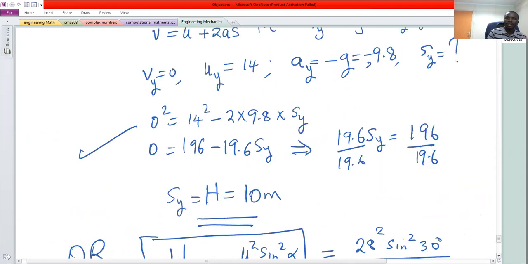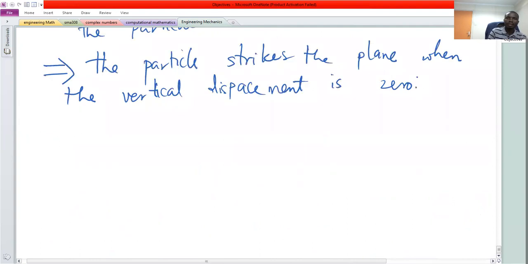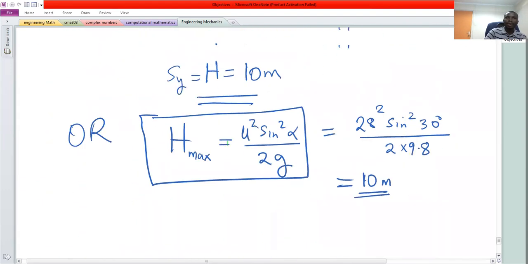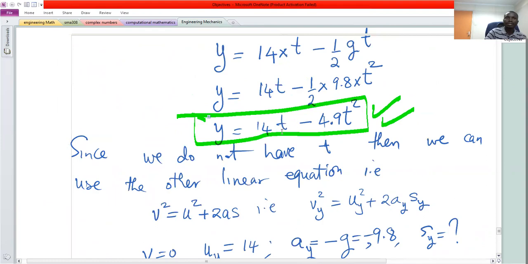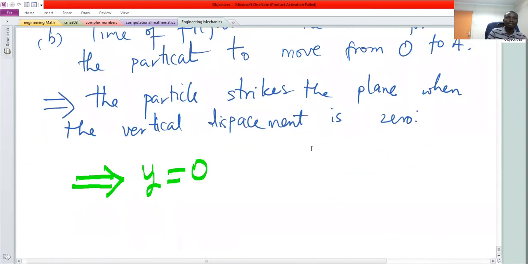So this implies that y should be 0, and the equation for y from this calculation is 14t minus 4.9t squared. So 0 equals 14t minus 4.9t squared.